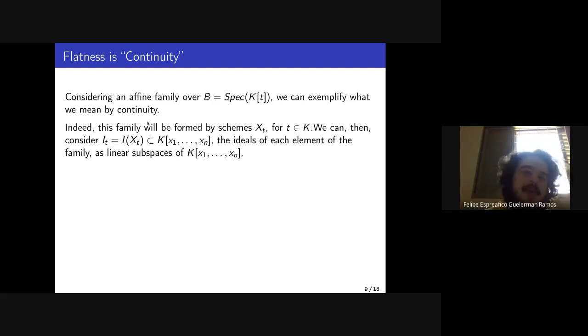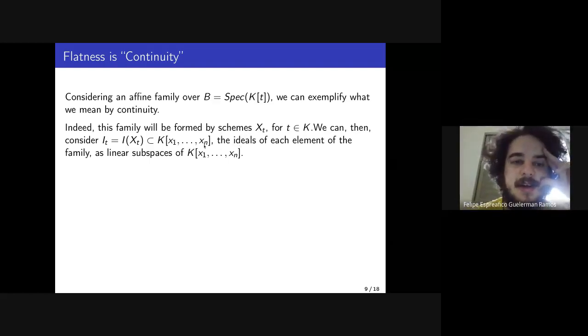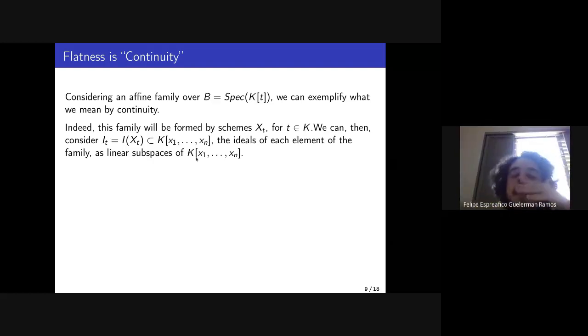But of course, in our case, we were considering projective schemes. The main ideas will be the same. So we have the ideals of each scheme in the family, and these ideals can be seen as linear subspaces of our polynomial ring.